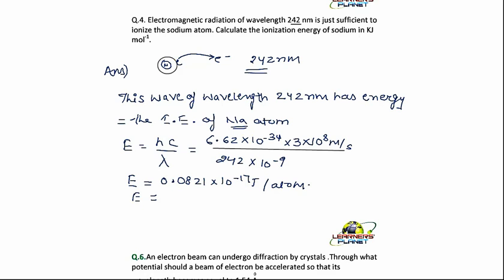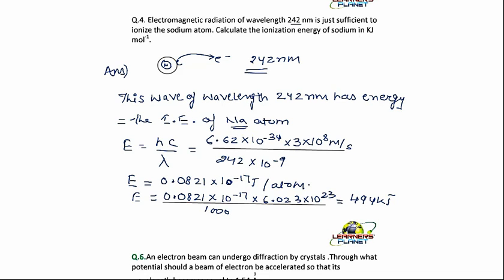So in kilojoule per mole, how many particles are there in 1 mole? It is 6.023 into 10 to the power 23. So I will multiply this with 6.023 into 10 to the power 23, and divide it by 1000, because it is in kilojoule per mole, right?